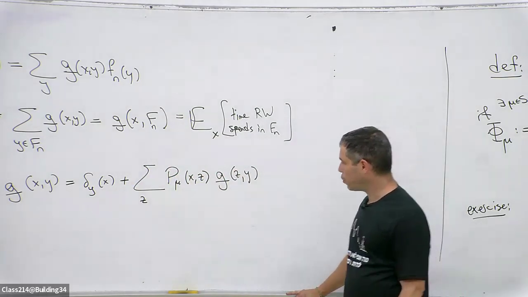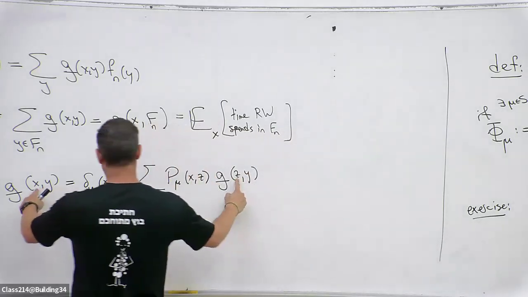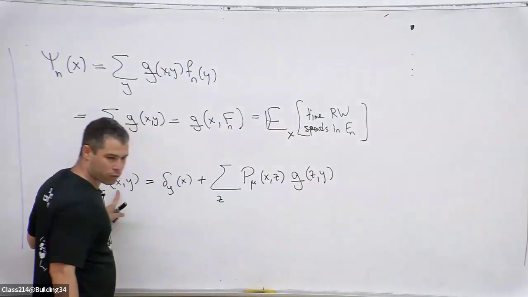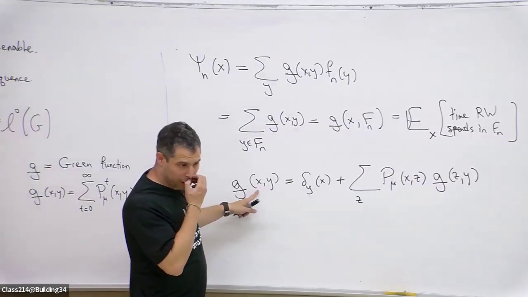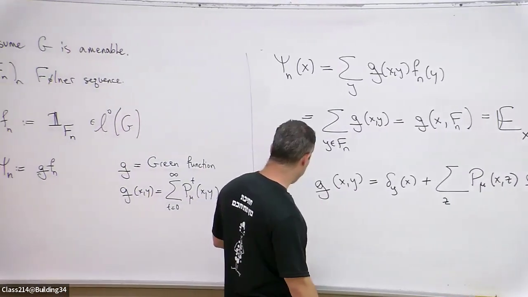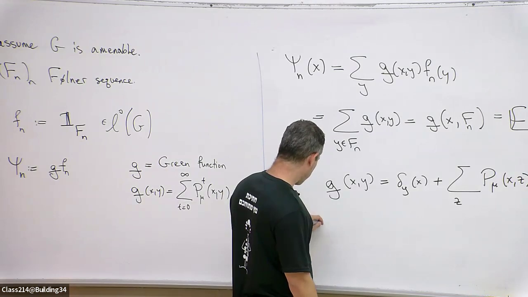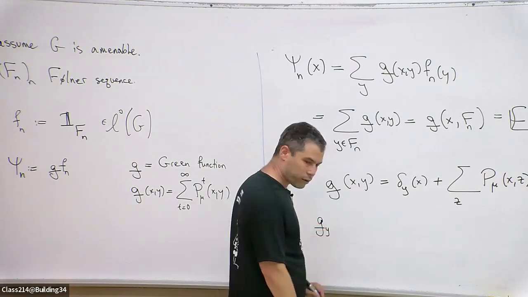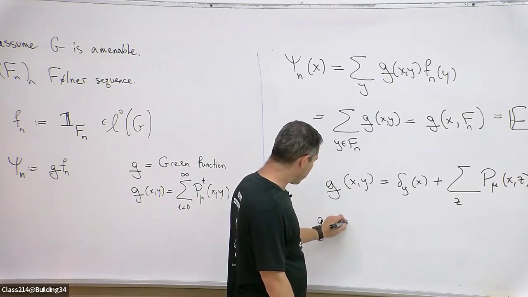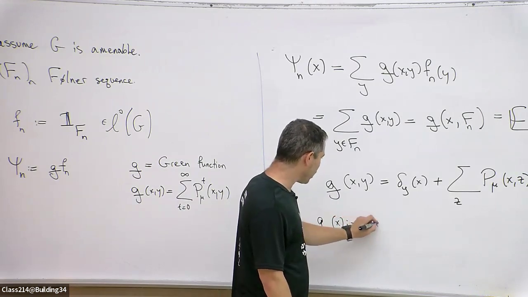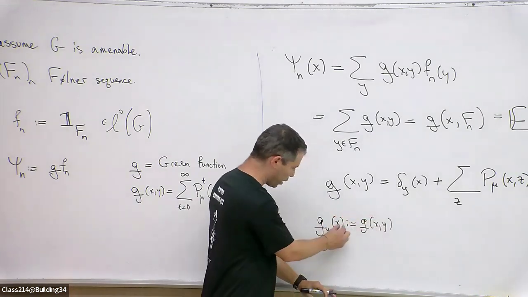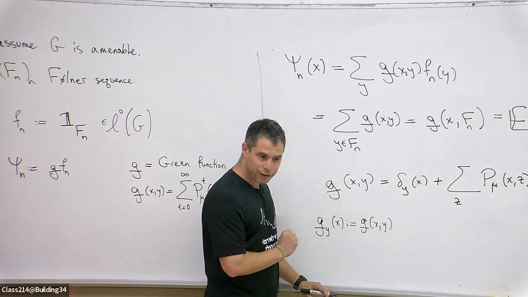If you think of this as a function of this point, define g little y of x to be G(x,y), so you fix your y and look at it as a function of x.